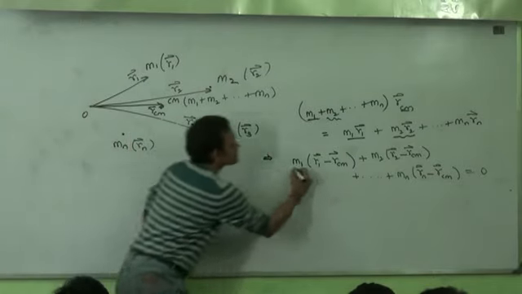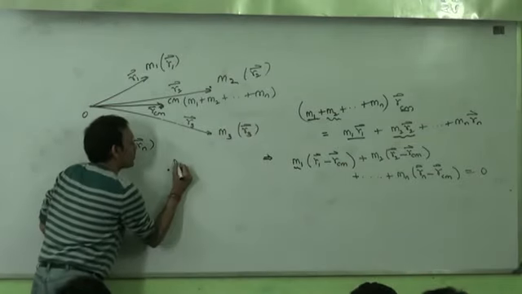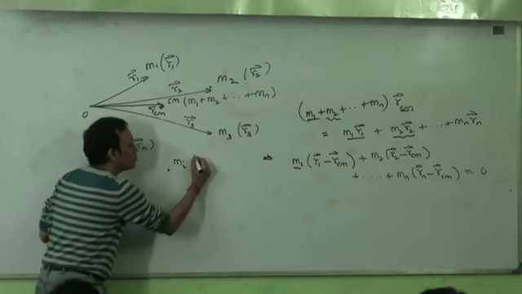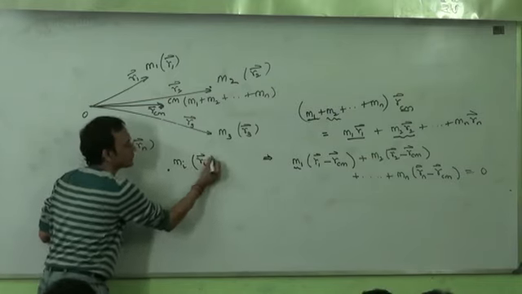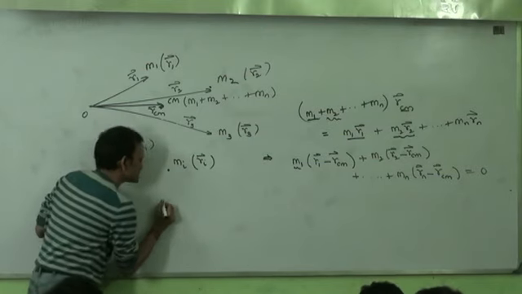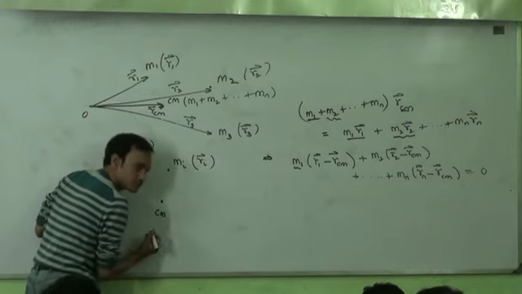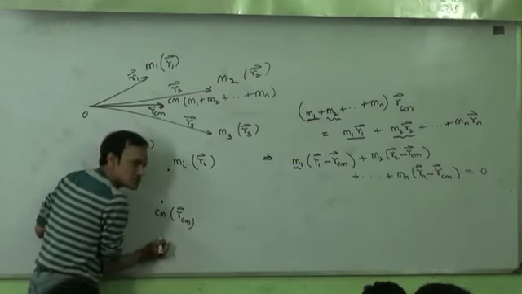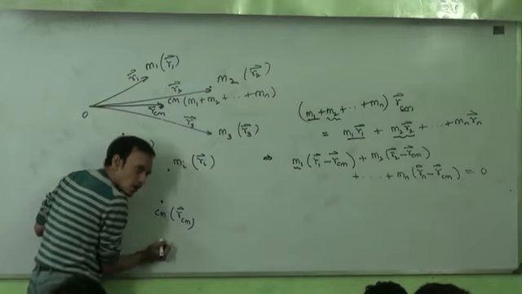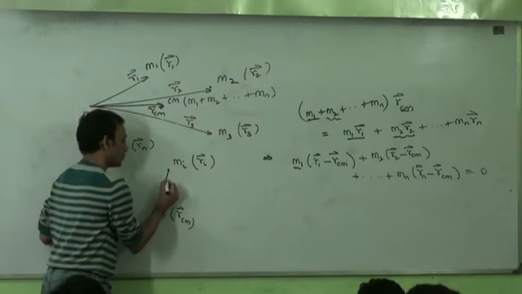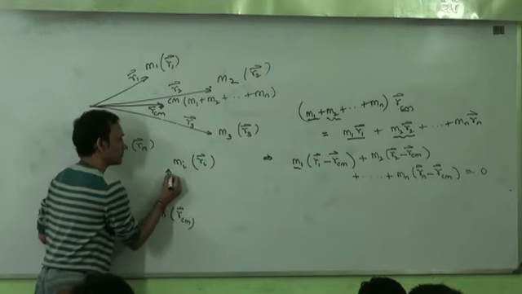Let's say there was one amongst these particles, the ith particle, whose mass was mi, whose position vector was ri. This was the center of mass particle, whose position vector was RCM. Then what would this vector be?